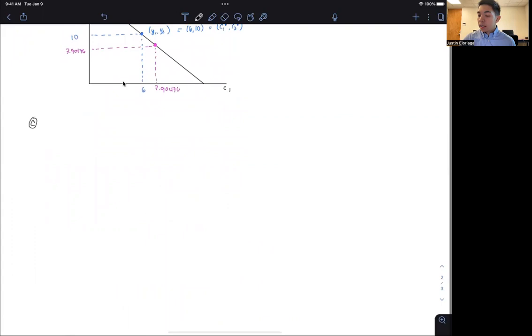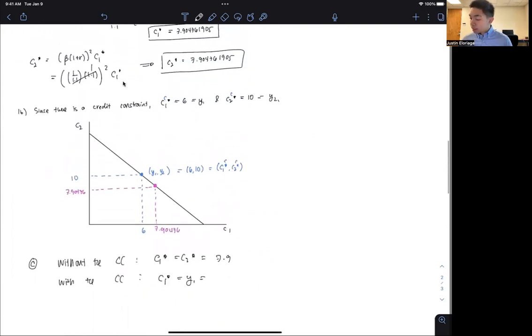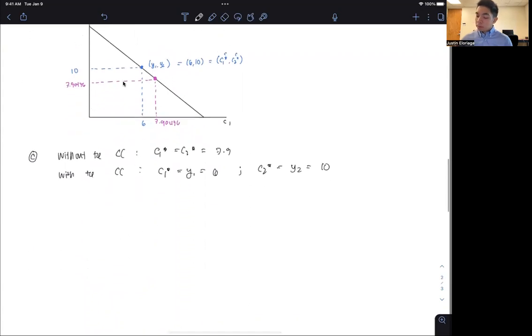So for C, recall that without the credit constraint, we had C1* equals C2* equals 7.9. With the credit constraint, we had C1* equal to Y1, in this case 6, and C2* equal to Y2, which is 10, right?